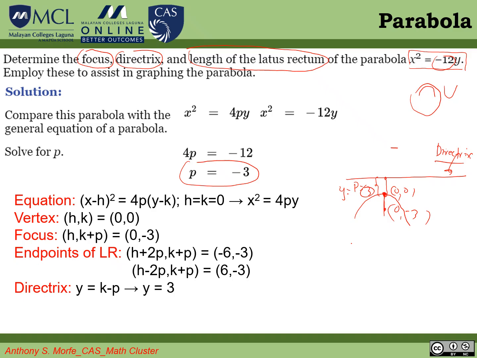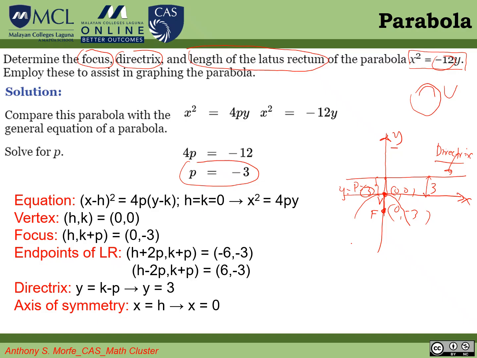So if this is our y-axis and this is our x-axis, this is our directrix, 3 units above the vertex. This is the focus, and this is the vertex. So that's the illustration for this problem.